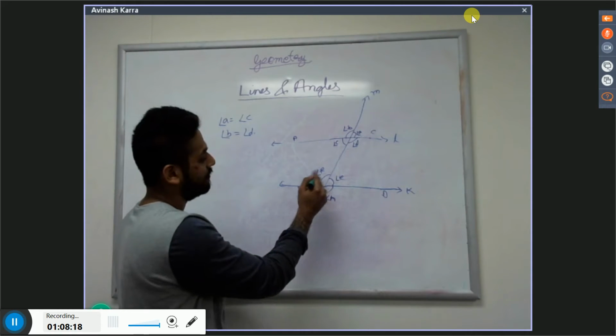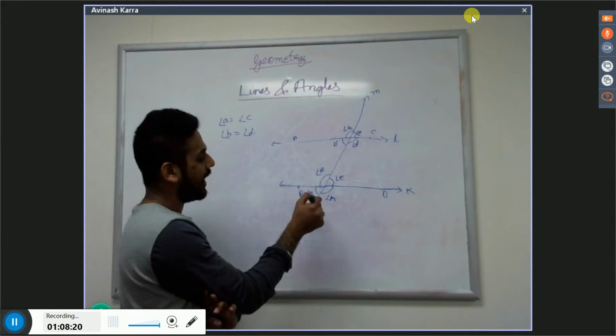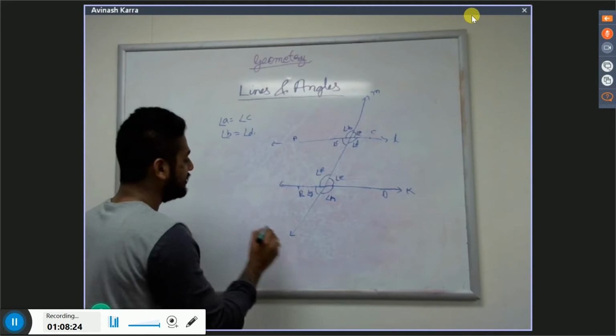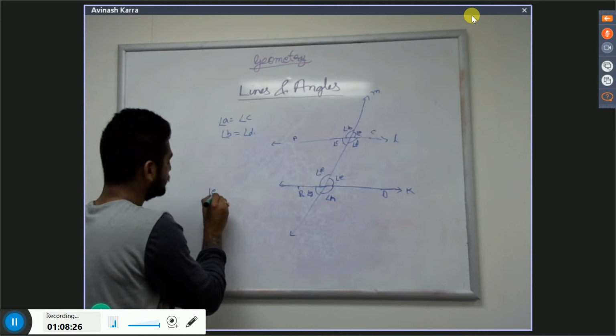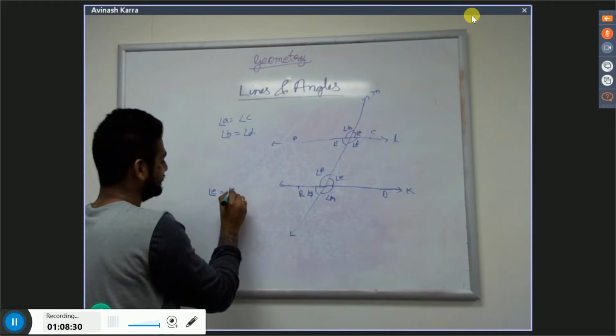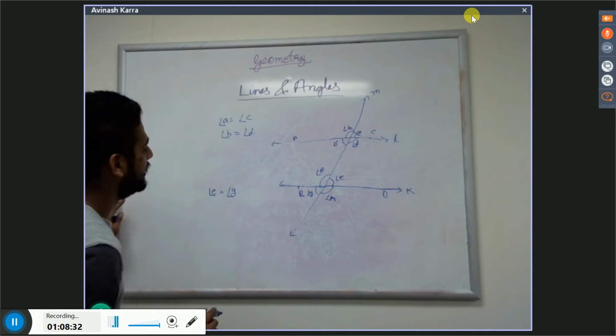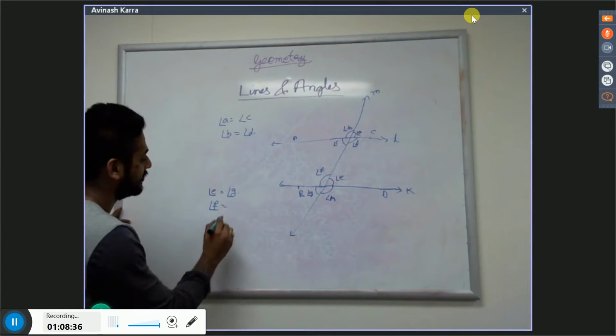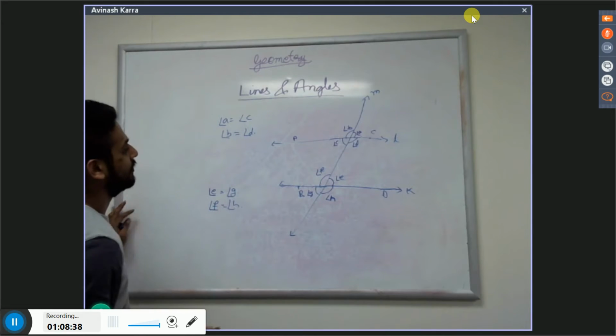The same way, here also 4 angles are formed, right? Angle E is equal to angle G. Sorry, my writing is bad. Angle F is equal to angle H.